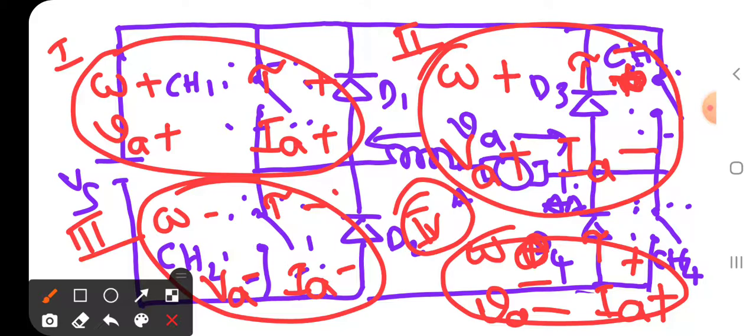Closed loop control of single quadrant speed control, and we see four quadrant speed control. Let us see the circuit diagram for both.